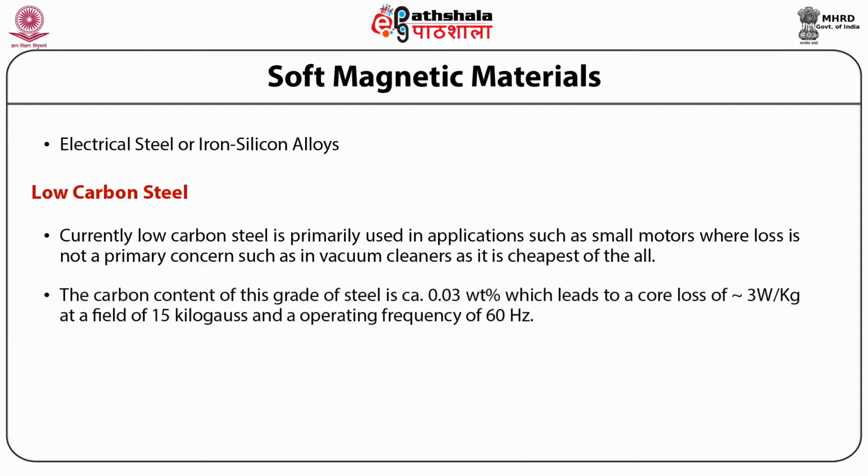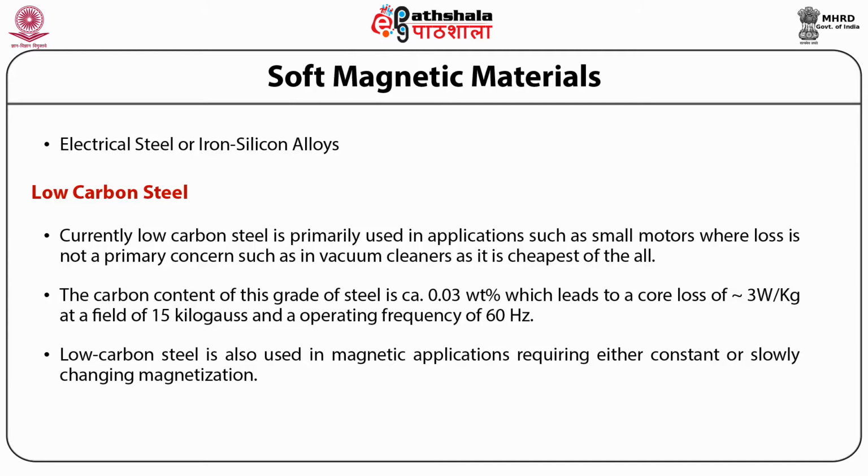The carbon content of this grade of steel is 0.03 weight%, which leads to a core loss of 3 watt per kg at a field of 15 kilogauss and an operating frequency of 60 Hz. Low carbon steel is also used in magnetic applications requiring either constant or slowly changing magnetization.